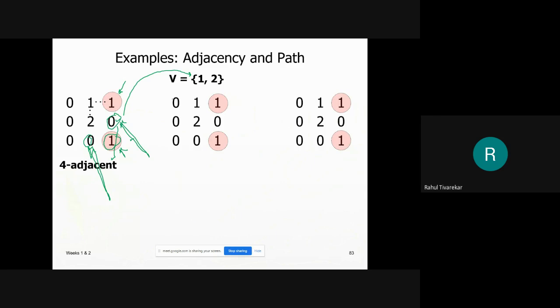Okay. Let's see various other adjacencies, four adjacencies available in this current example. Let's talk about pixel 2. Let me erase this all.